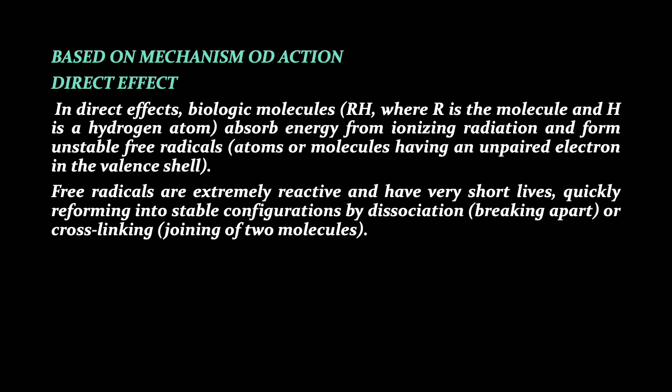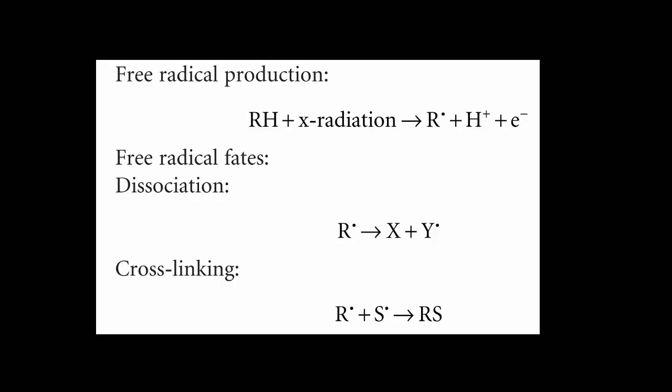As we know, free radicals are very unstable, so they either cross-link or dissociate to form stable atoms later on. With radiation, RH, the biological molecule with the hydrogen atom, forms R as a free radical, along with a hydrogen atom and an electron that is released.